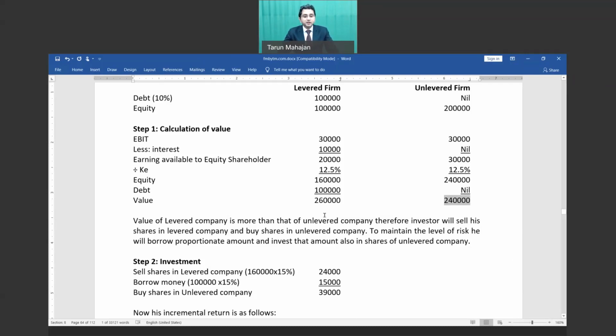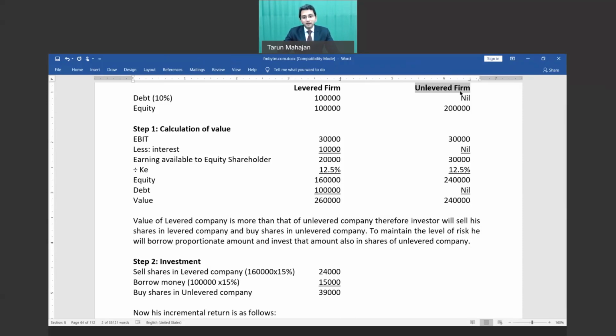When I shift from levered firm to unlevered firm, I would like to have the same amount of risk. So I will tell the management of unlevered firm, look, I have arrived in your firm. Now you need to borrow money because I have arrived. And they won't listen to you. Definitely, company will not change its policy because of the need of the investor.